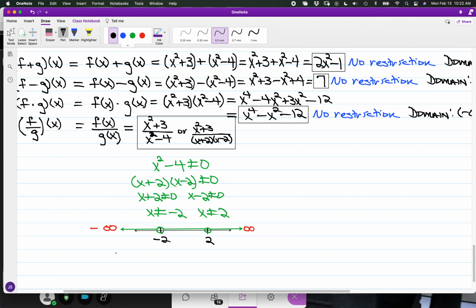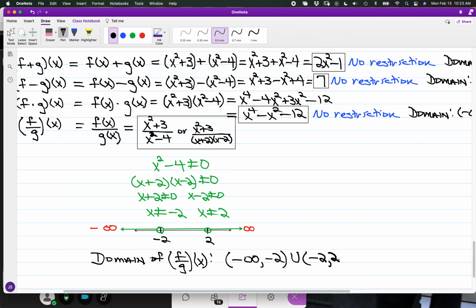And so it's going to follow for the domain of the quotient function. If I express it in interval notation, we're going to have 3 subinterval sections, going from left to right. You have those values of x that are less than negative 2. You have those values of x between, but not including, negative 2 and 2. And also we'll have those remaining values of x which will be greater than 2.